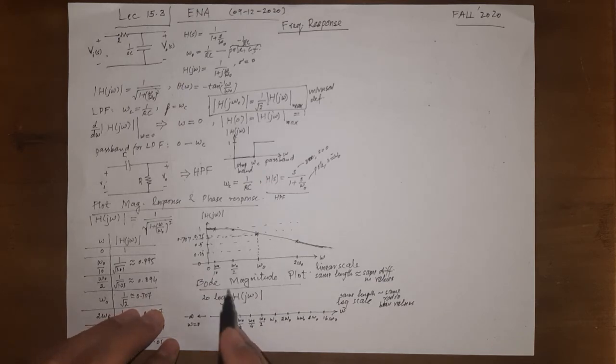So omega equal to 0 is not there on this scale. I hope you understood this scale, by the way.